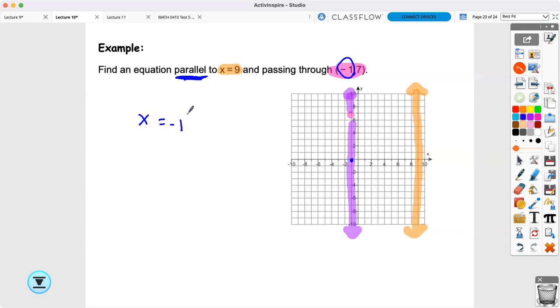So that is the equation that we needed to find. To do this one, we needed to remember that vertical lines are parallel, and horizontal lines are parallel as well. And we know that horizontal and vertical lines are perpendicular to each other. Any questions on this one, guys?